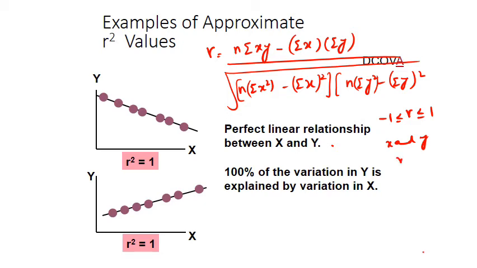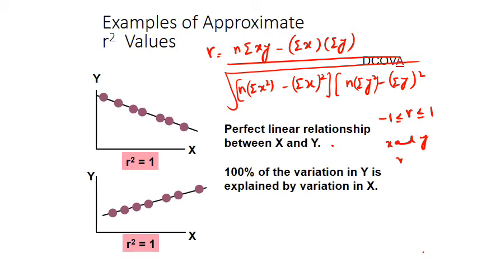If R is negative, we say that when x is increasing, y is decreasing, or when y is increasing, x is decreasing. In other words, they are moving in different directions. And if R is 0, there is no relationship between x and y.